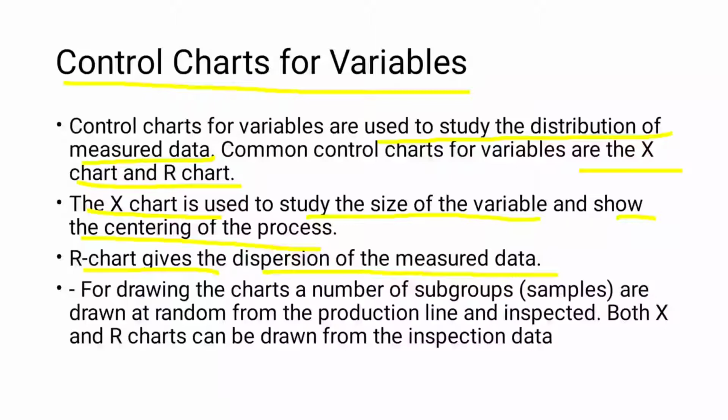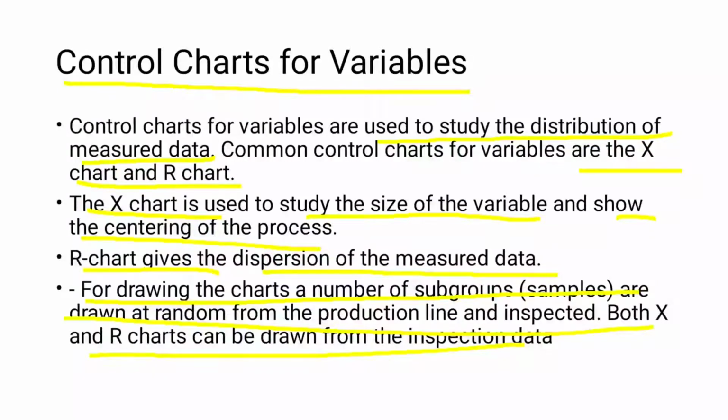Then both X and R charts can be drawn from the inspection data. So first the inspection is done. Various subgroups are divided, then the inspection of the production line, quality, etc., is done. After the inspection, the data is taken from the inspected records, and then the X type and R type charts are drawn with the help of inspected data. So from this slide, what have we got to know?